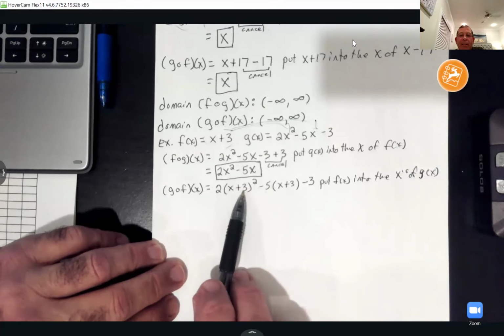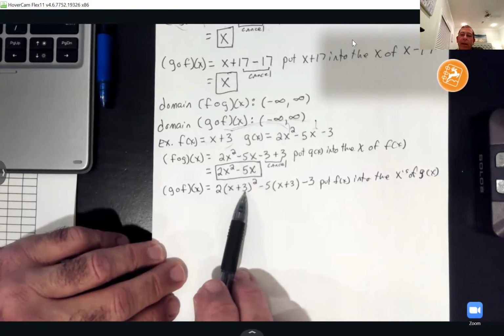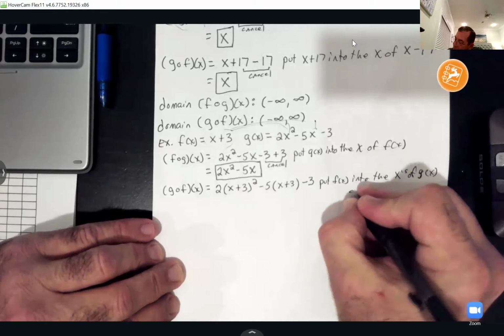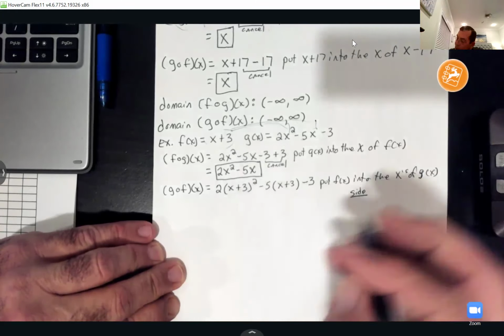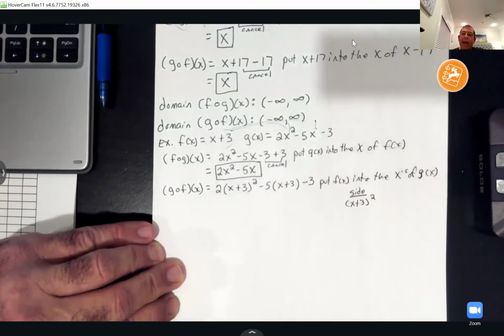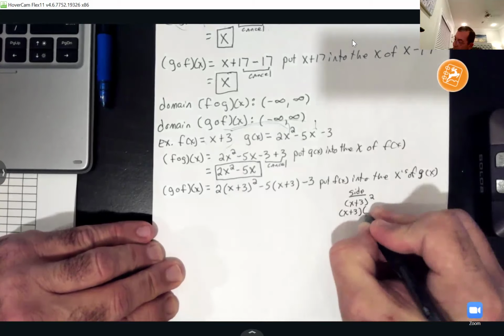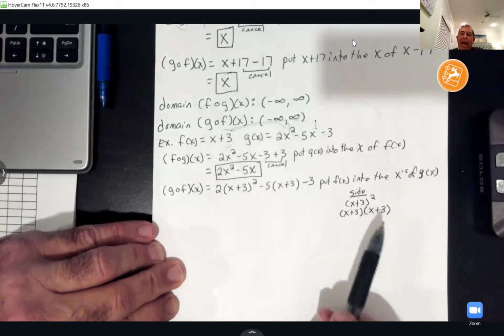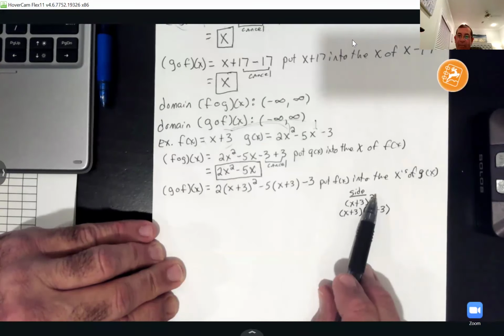Now, the biggest mistake I get, people square the x, they square the 3, and they're done. But y'all, you can't do that on that problem. When you see an x plus 3 with a square behind it, that means you better multiply x plus 3 times x plus 3. You got to FOIL when you got 2 terms being added followed by an exponent, okay?